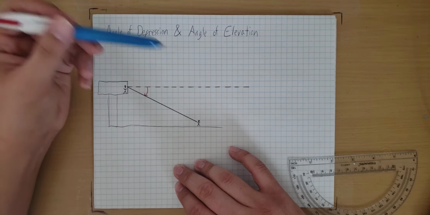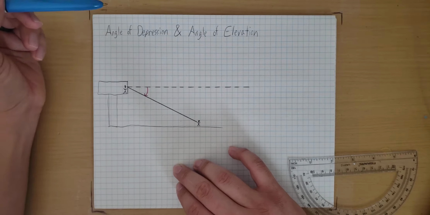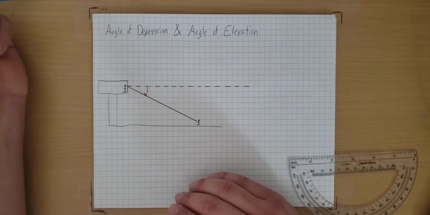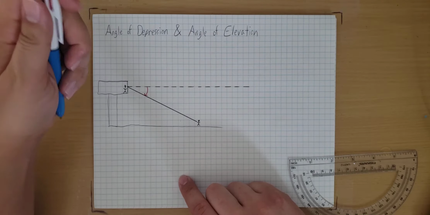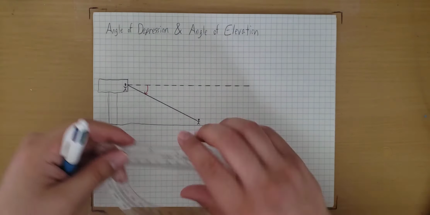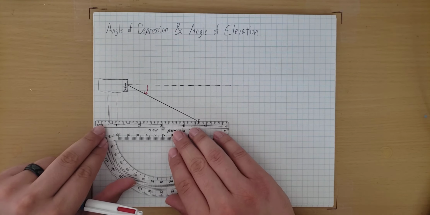Now your angle of elevation, well, we can again think about what we were talking about with sine, cosine, and tangent, perspective. If we change it over to the person on the ground, so now let's make a horizontal line here.